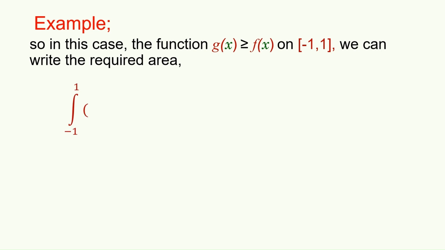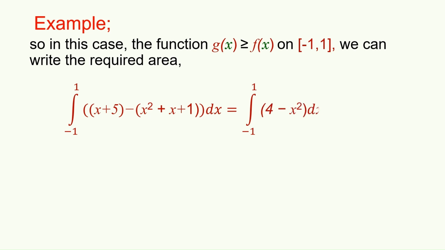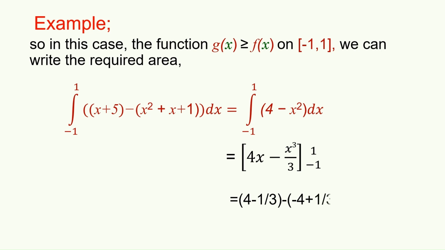Definite integral of x plus 5 minus (x squared plus x plus 1) with respect to x from lower limit minus 1 to upper limit plus 1, equals definite integral of 4 minus x squared with respect to x from lower limit minus 1 to upper limit plus 1, equals 4x minus x cubed divided by 3, evaluated from minus 1 to plus 1, for minus 1/3 minus 4 plus 1/3, equals 22/3.